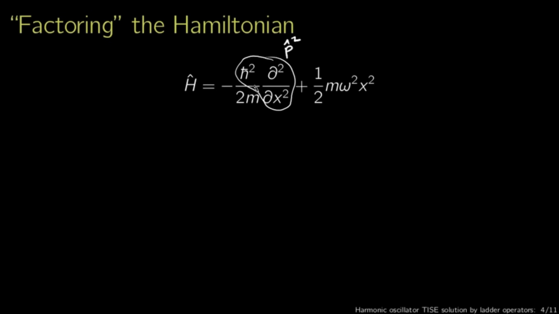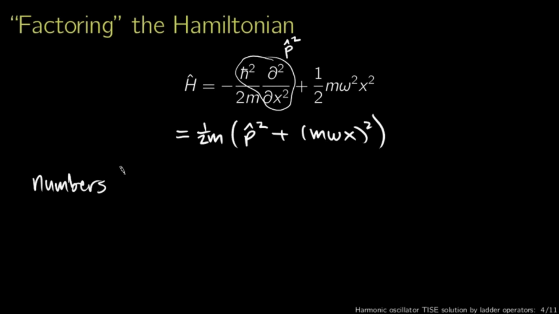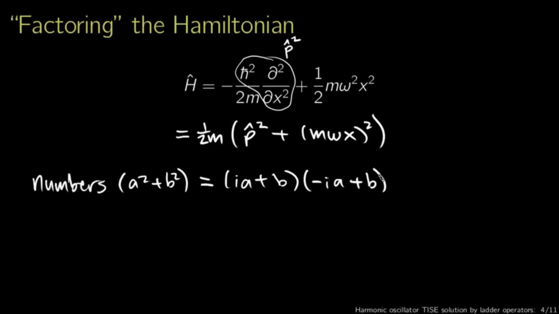If I pull out 1 over 2m, what I get is 1 over 2m times p hat squared plus (m omega x) quantity squared. This is suggestive. If we had numbers, and I had something like a squared plus b squared, I could factor that over the complex numbers as (ia plus b) times (minus ia plus b).